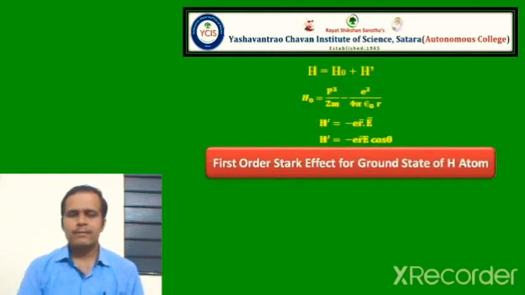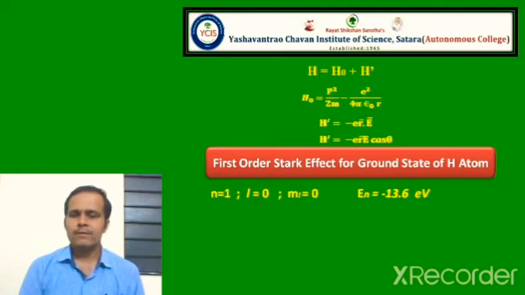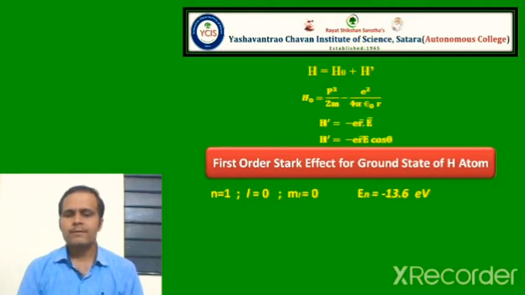Now we'll go to the first order Stark effect for the ground state of hydrogen atom. As we know, the ground state of hydrogen atom means the principal quantum number value is 1. When the principal quantum number n is equal to 1, at that time l value is 0, because l varies from 0 to n minus 1.